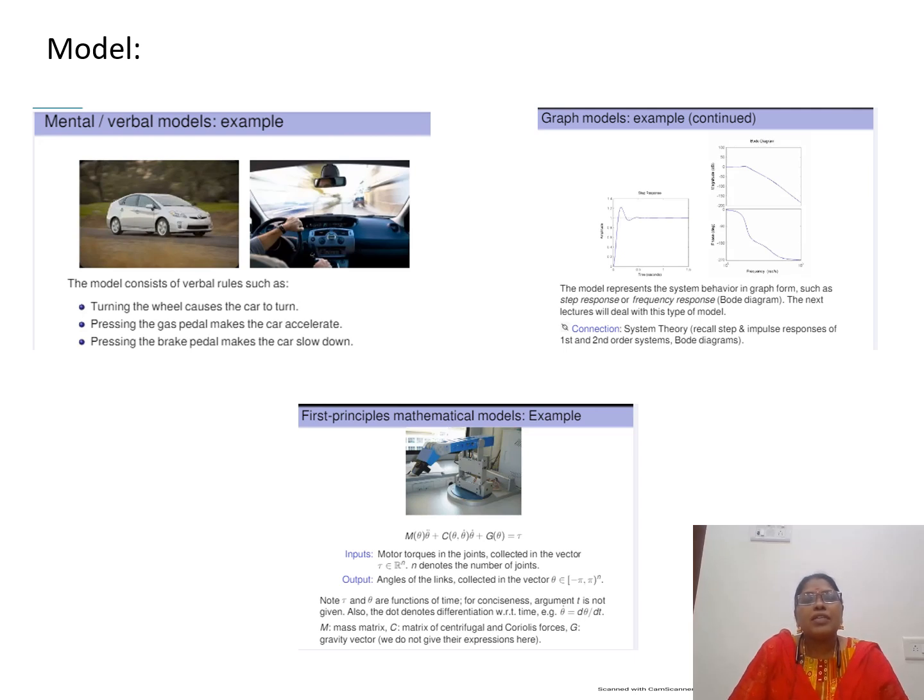Here we have an example: turning the wheel causes the car to turn. It's a verbal sentence, so you can understand the meaning of that. The sentence gives a meaning without any mathematical solutions. That we call a mental model.